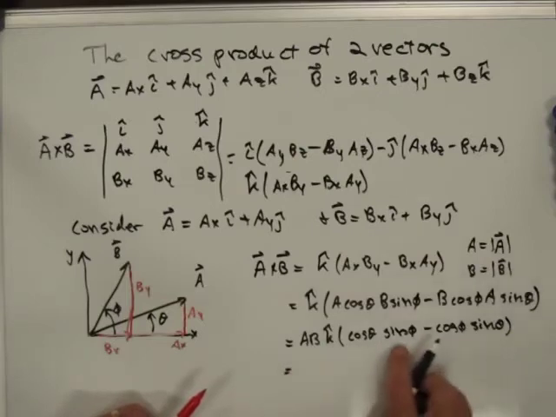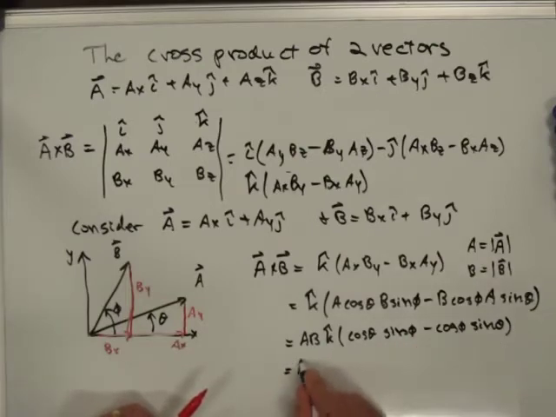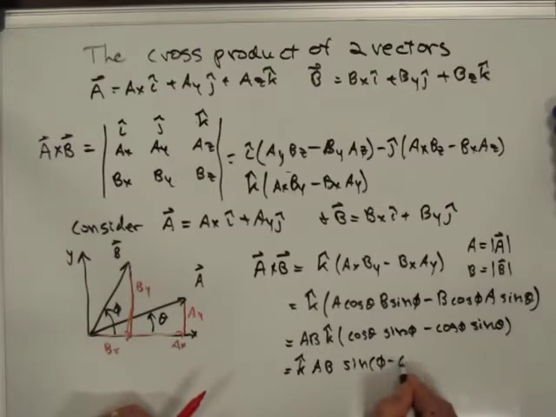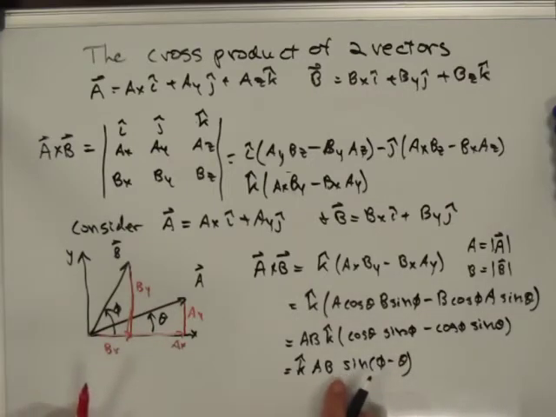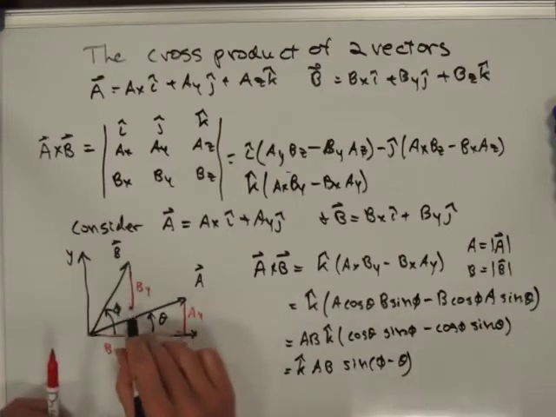Well, that's just a difference formula for the angle. That's just k hat times AB sine of (phi minus theta). That's just the magnitude of A times the magnitude of B times the sine of the angle between them.